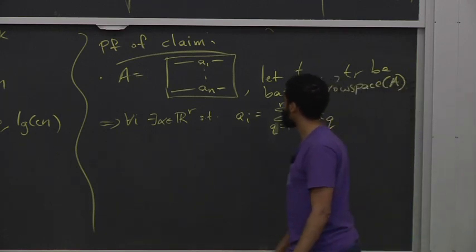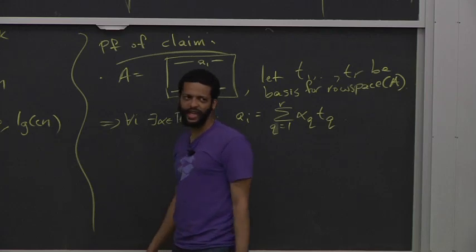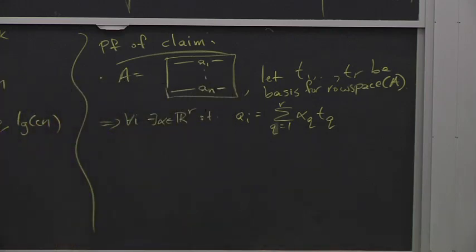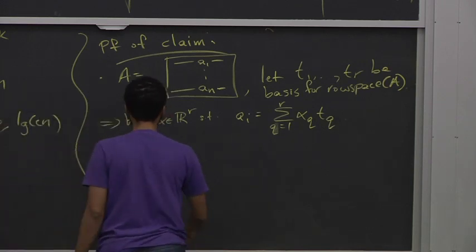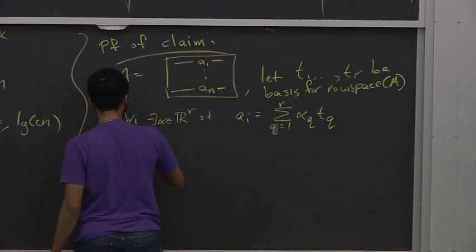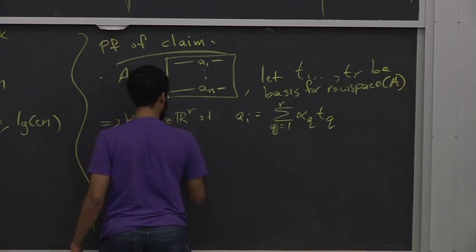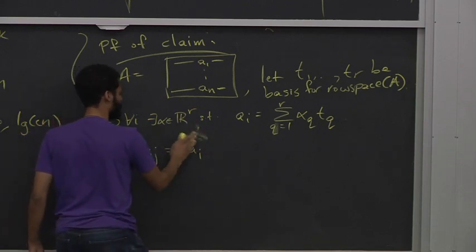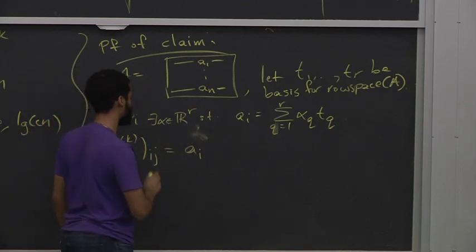So what happens when we do this k operation on A? A_k(i,j) is just equal to a_ij to the k.